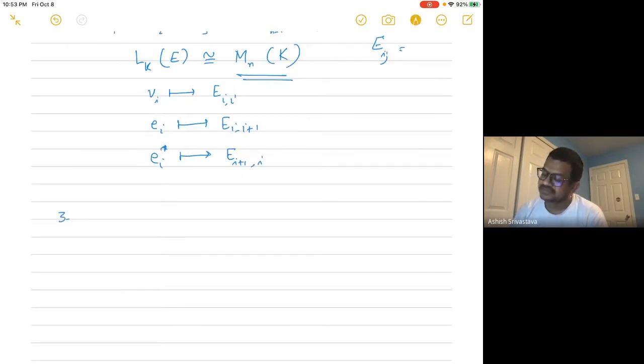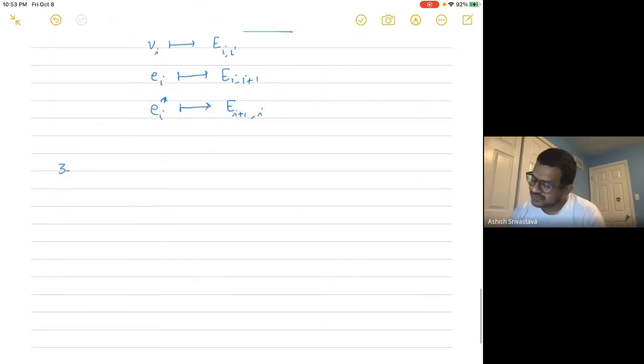Let's keep it as example 3 here. So suppose I take a vertex V, and then I have a bunch of edges getting into this, and so on.